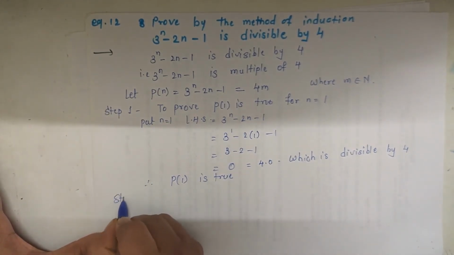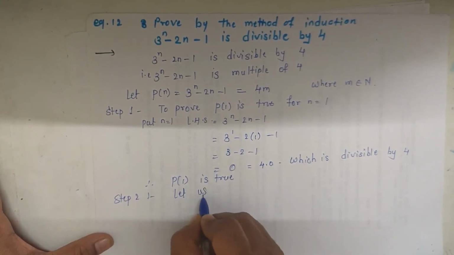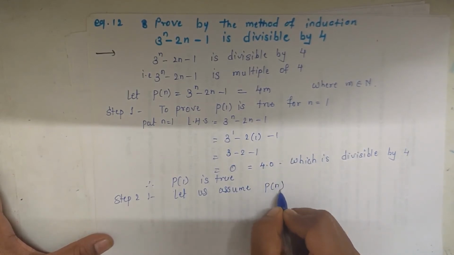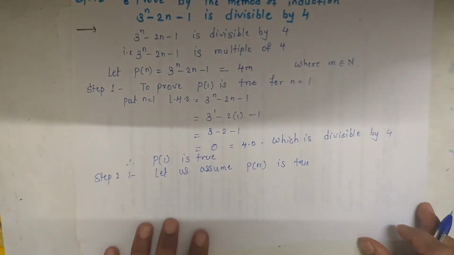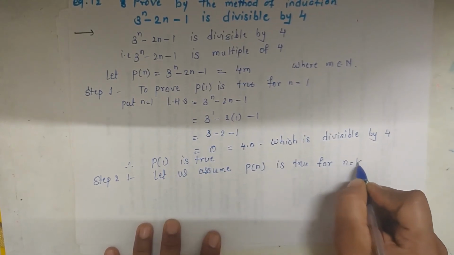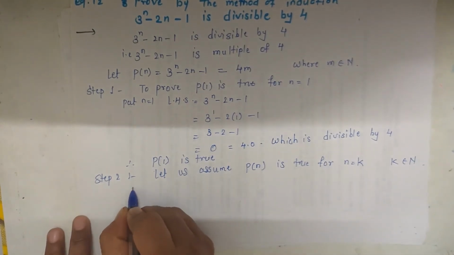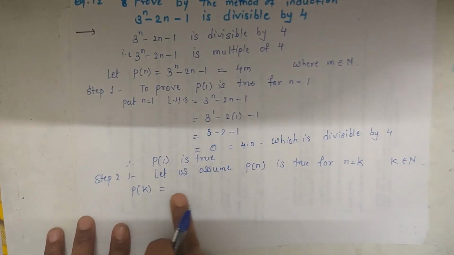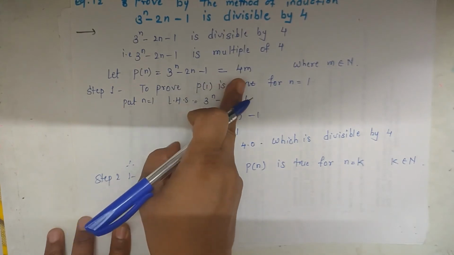Now in step 2, let us assume that the given statement P of n is true for n is equal to k, where k belongs to the natural numbers. So the statement P of k is given by putting n is equal to k in the given statement, 3 raised to n minus 2n minus 1 is equal to 4a.